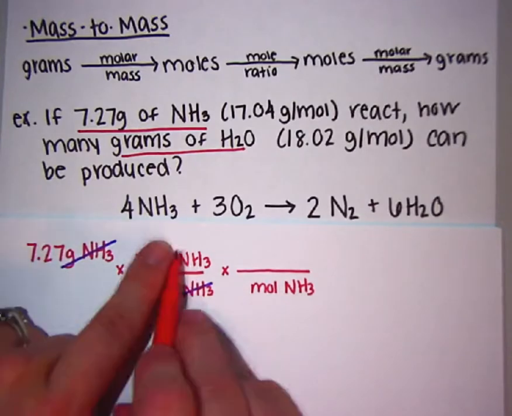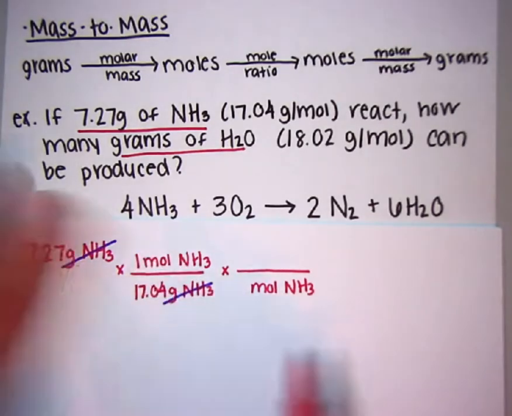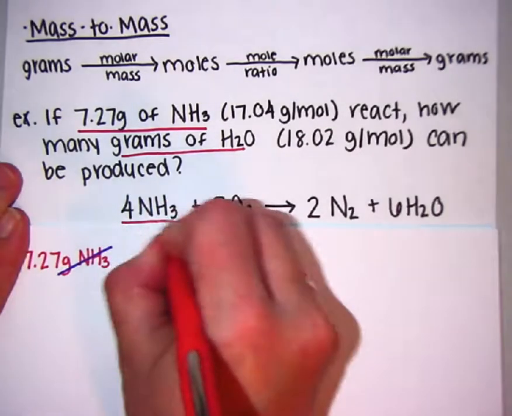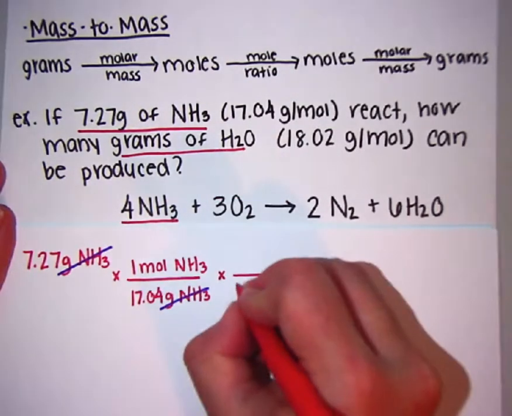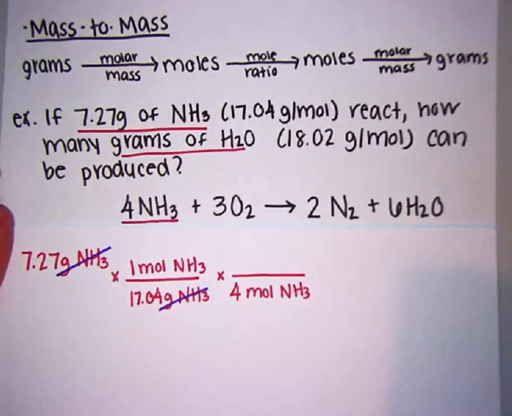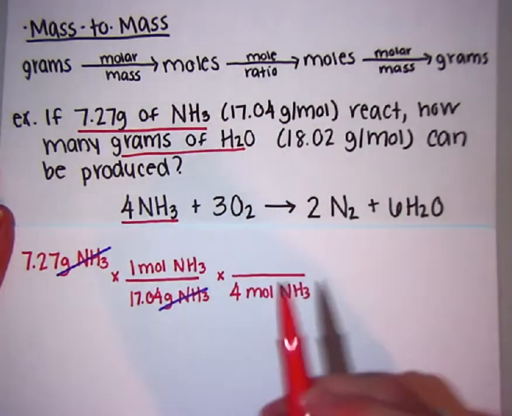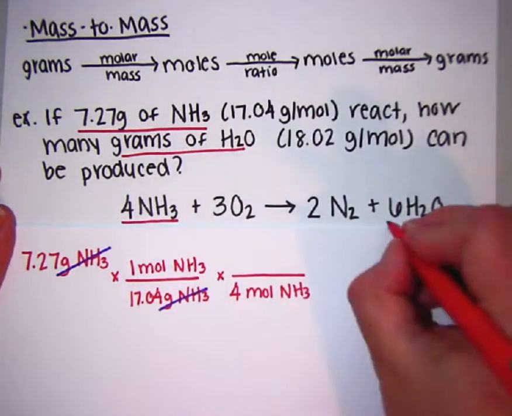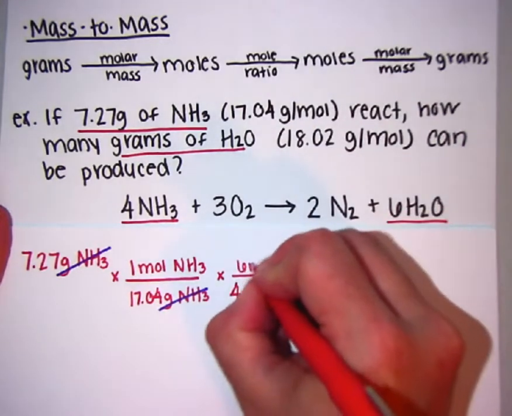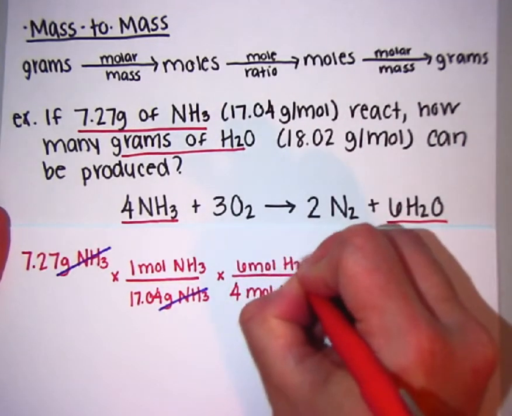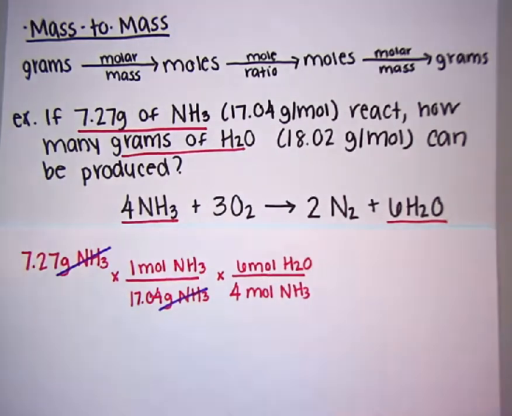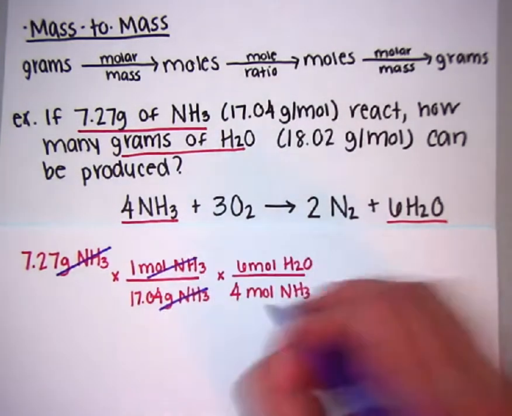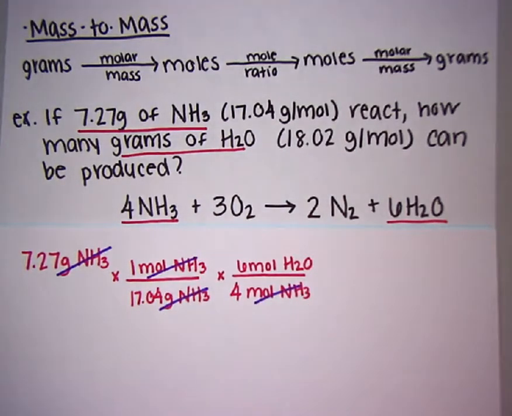Grams to grams, moles of NH3 to moles of NH3. Based on my balanced reaction, I have 4 moles. Whatever you're solving for goes in the numerator. 6 moles H2O. Moles of NH3 divided by moles of NH3 cancels out.